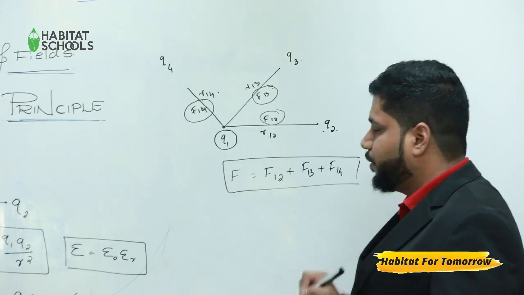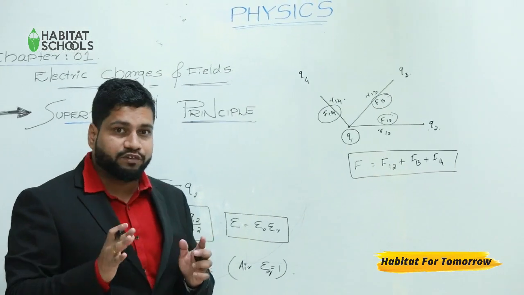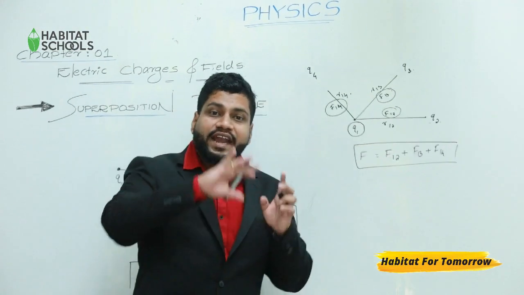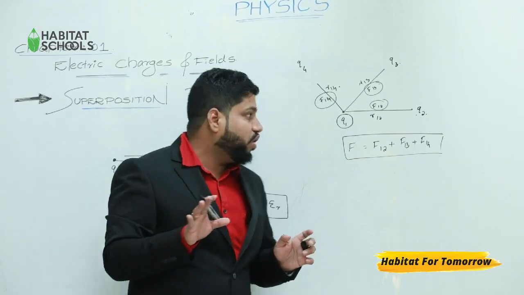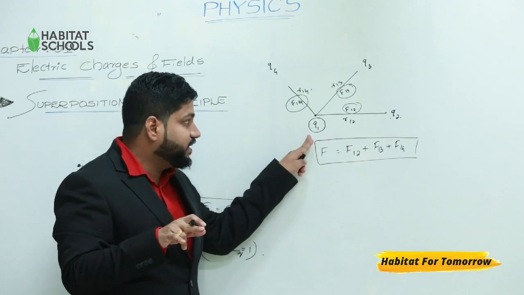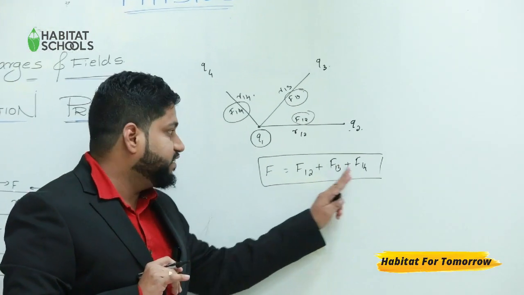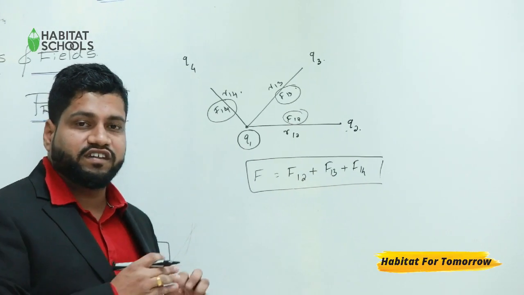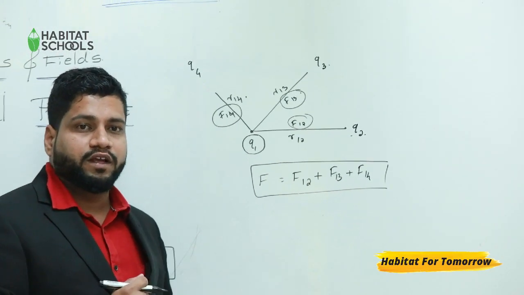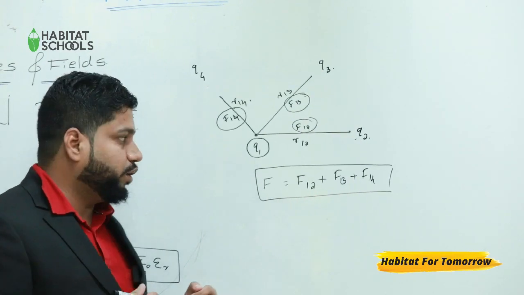This is commonly known as the superposition principle. Again, what is the superposition principle? If n number of charges are there, then the total electrostatic force on any one of the charges is equal to the sum of the individual forces, that is F12 plus F13 plus F14. This is one important topic. How to derive this is our next topic.